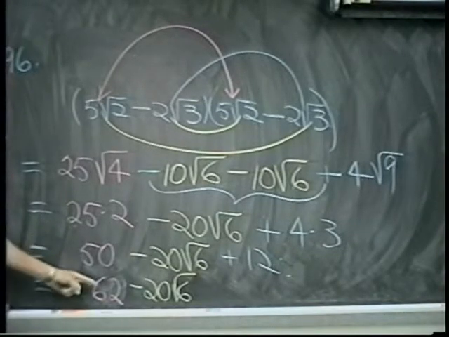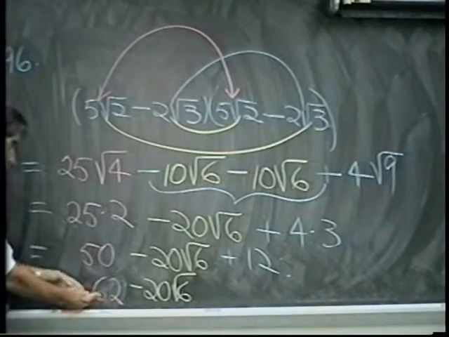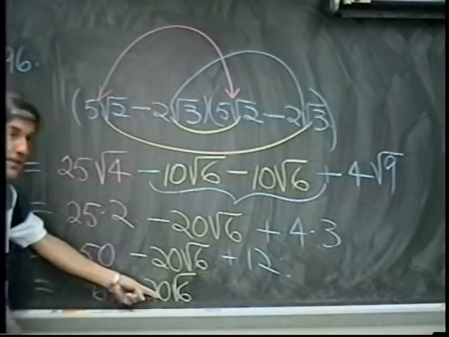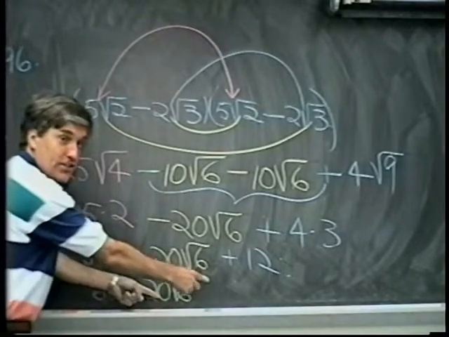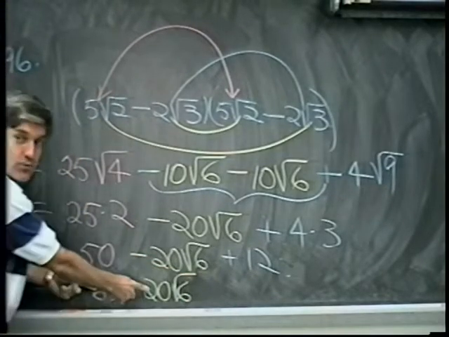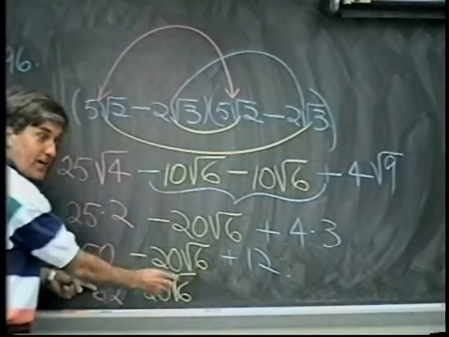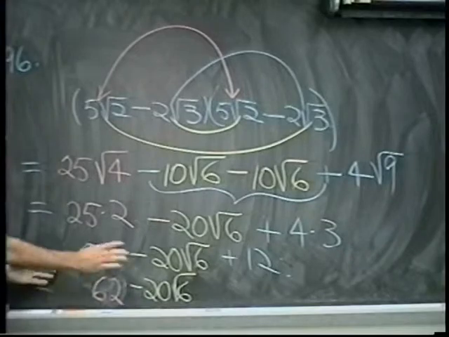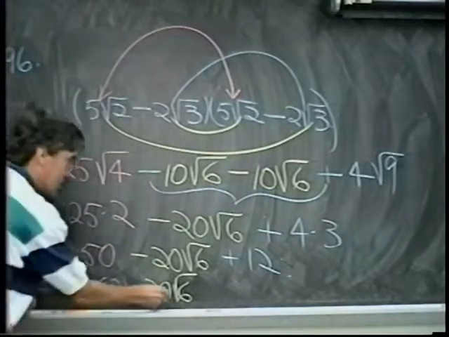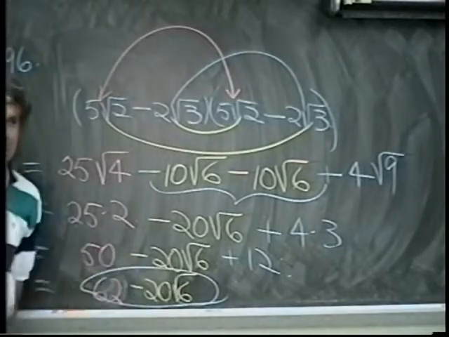But with this one, the 62 is like a single number, and this 20 is married to the square root of 6. And this 62 is trying to get somewhere with this 20, and the 20 says, no way, I'm married to this square root of 6. And there's no combining unlike terms, right? So it has to stay like that. So the final answer is 62 minus 20 square root of 6.